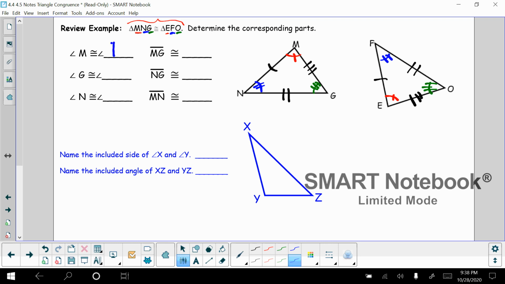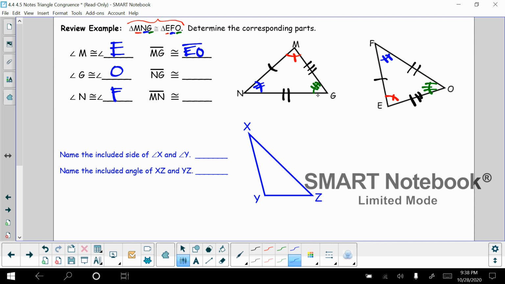So angle M is to angle E, angle G is to angle O, and angle N is to angle F. Over here for the segments, MG, which is the first and last letter, would be EO. Or you can look at how you marked your triangle up.